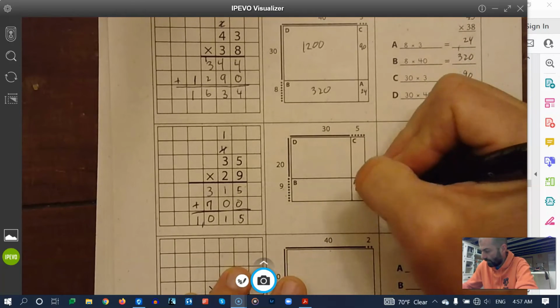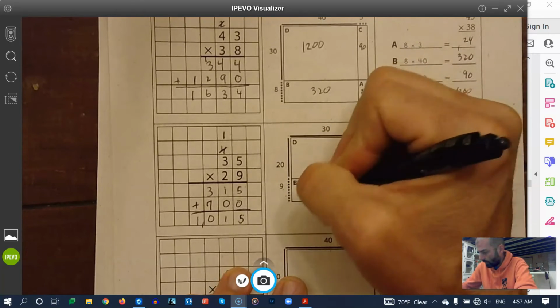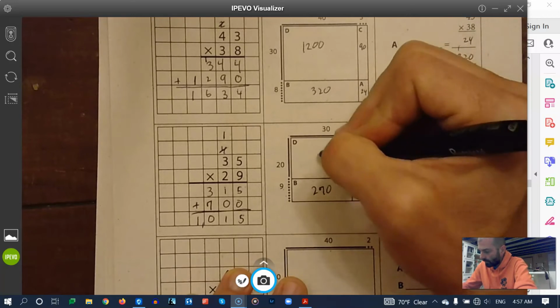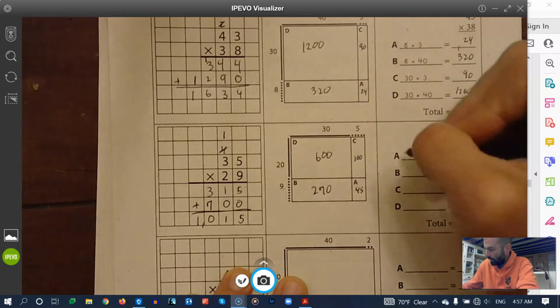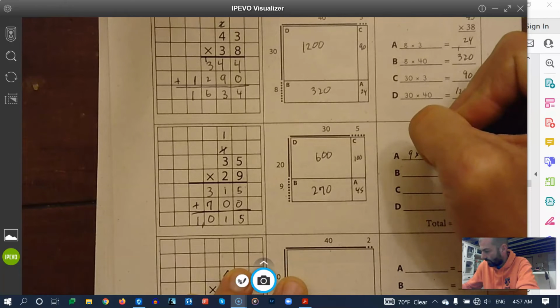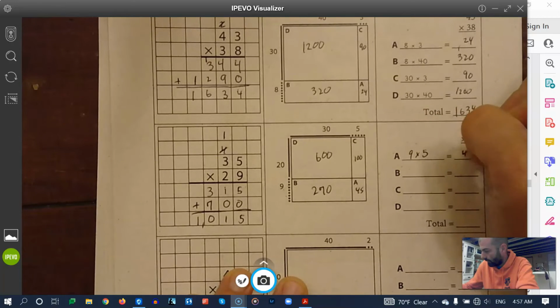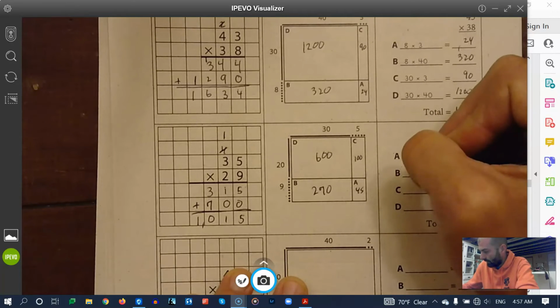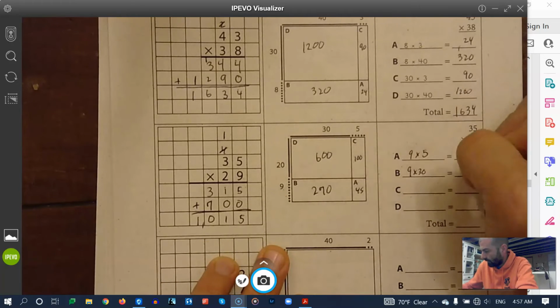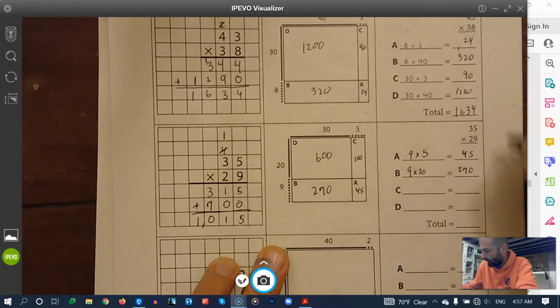9 times 5 is 45. 9 times 30 is 270. 20 times 5 is 100. 20 times 30 is 600. A is 9 times 5 is 45. B, we have 9 times 30 is 270.